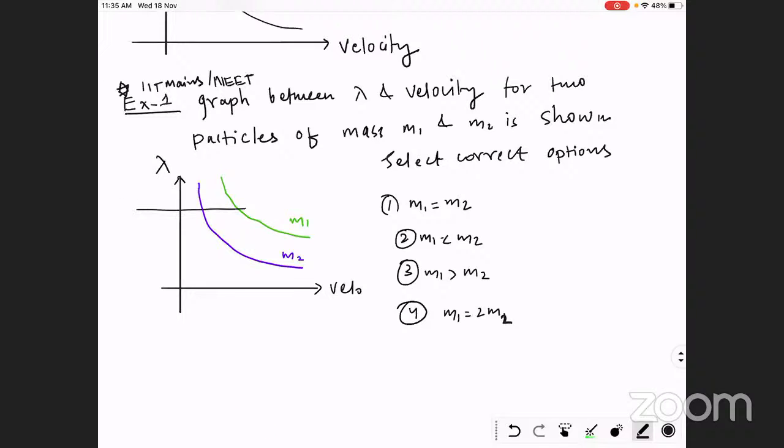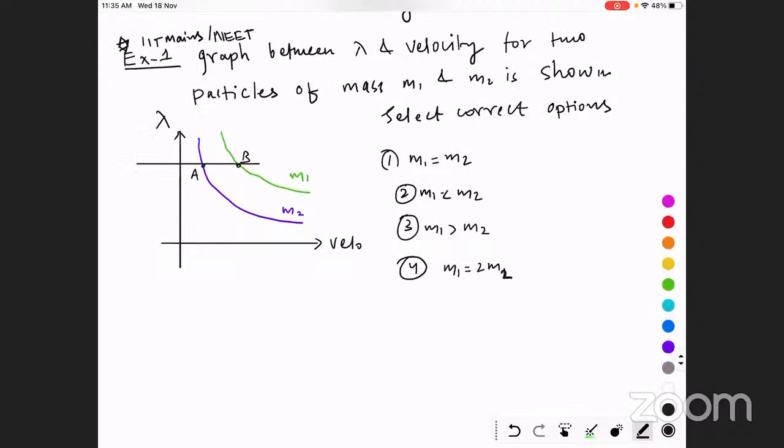Let's drop a perpendicular from the wavelength axis. So what do points A and B suggest? Wavelength is the same, right? Could you understand that? M1, V1.